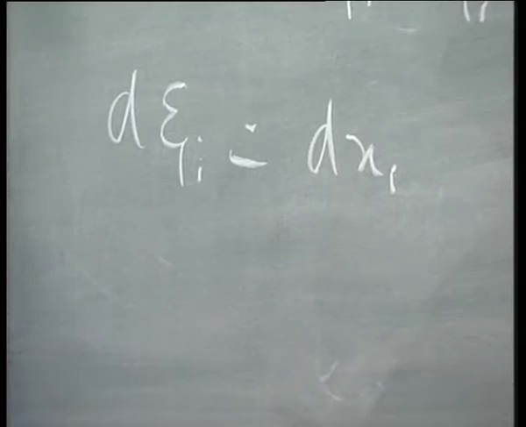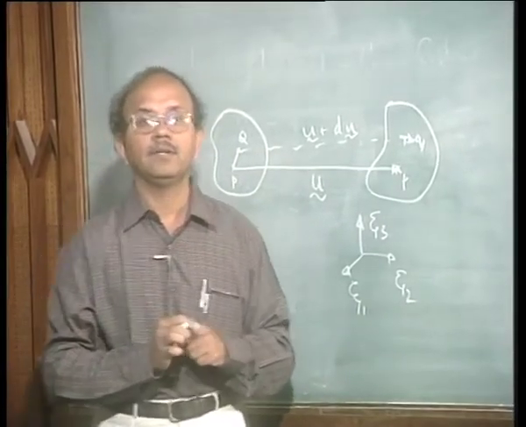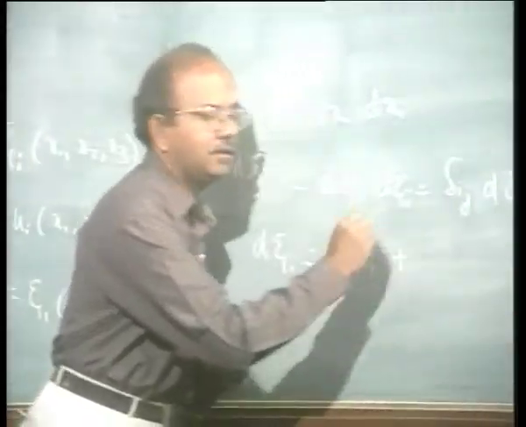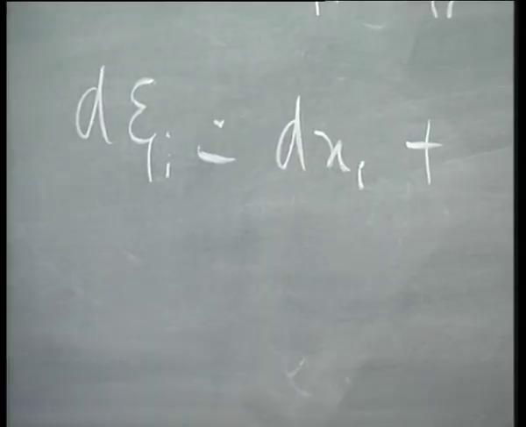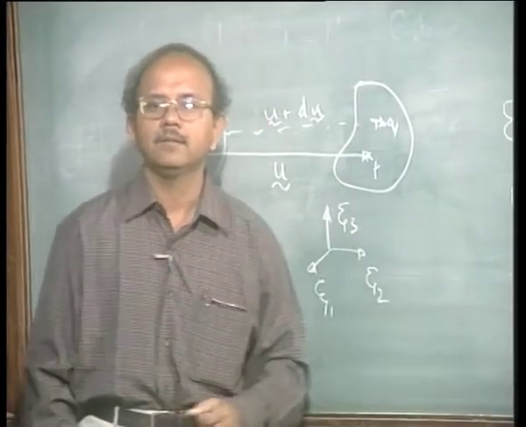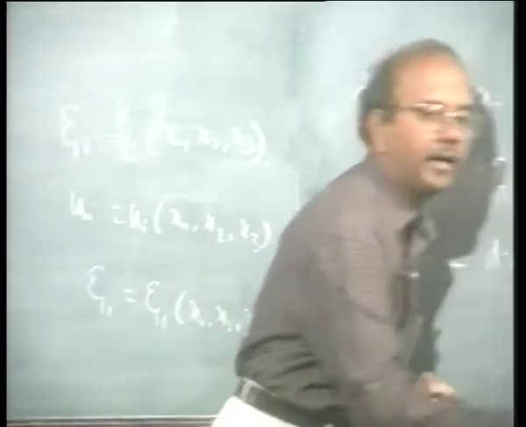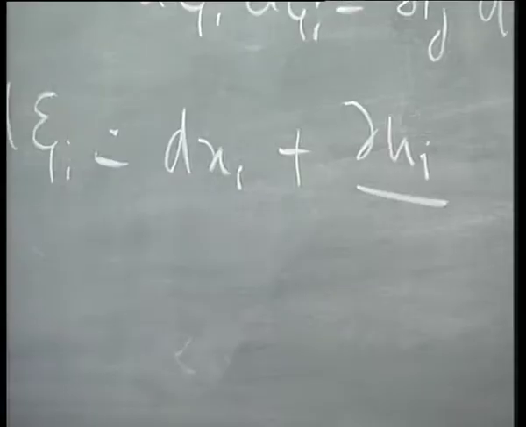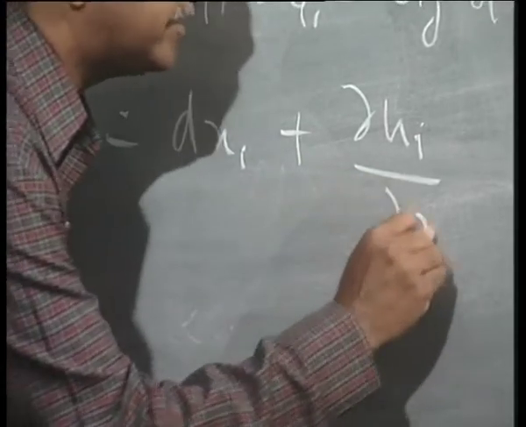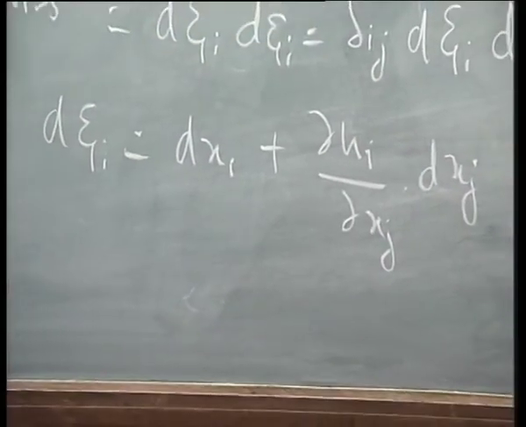Okay. Now, on top of it I have added du. So, plus dui. What is dui? Look at this. Dou ui, by chain rule, dou ui by dou xj into dxj.